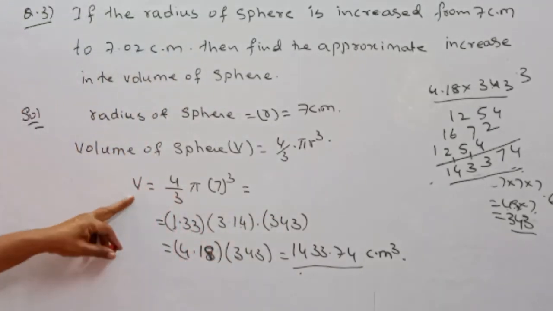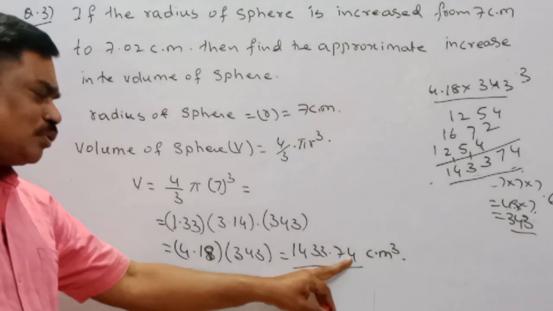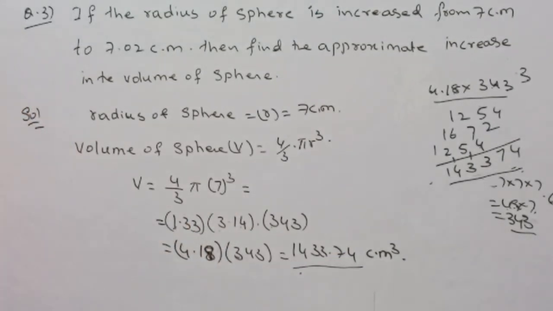Okay, all of you. What is the value of V? V is equal to 1433.74 centimeter cube.